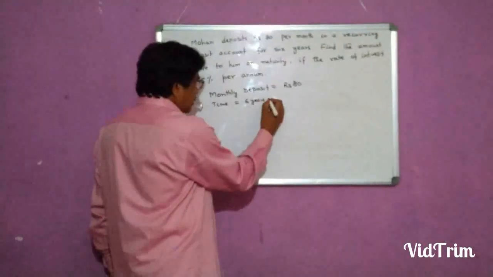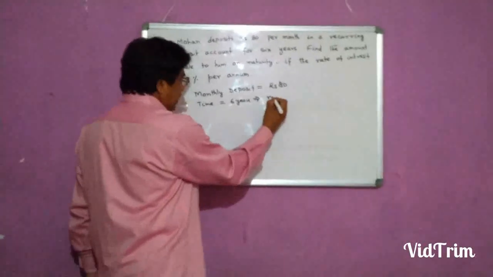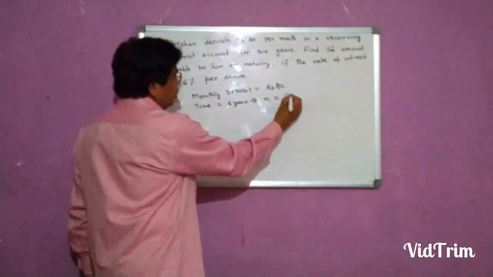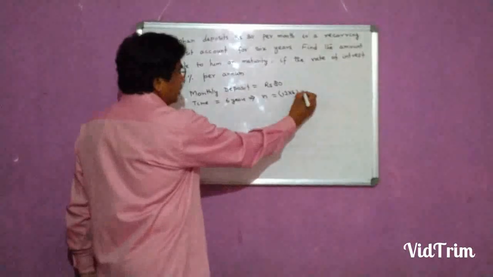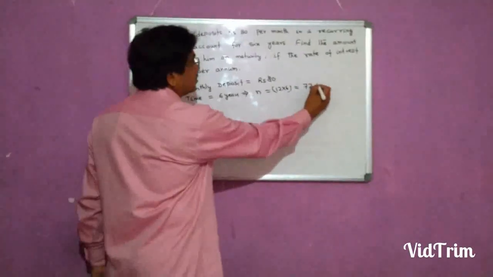So the number of months here we can take as n equals 12 into 6, that is equal to 72 months.